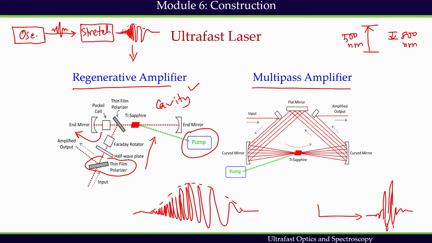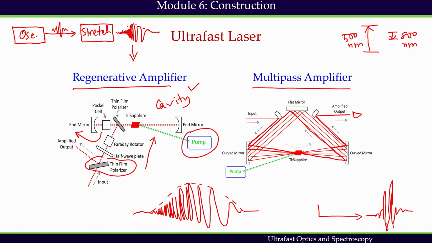So we have the input beam coming this way, making one trip through the crystal, then it is reflected here, comes back, gets reflected again, and multiple times it undergoes this and then comes out like this.